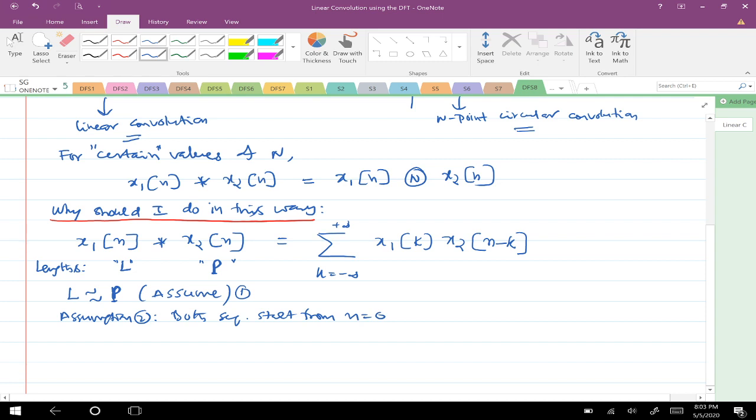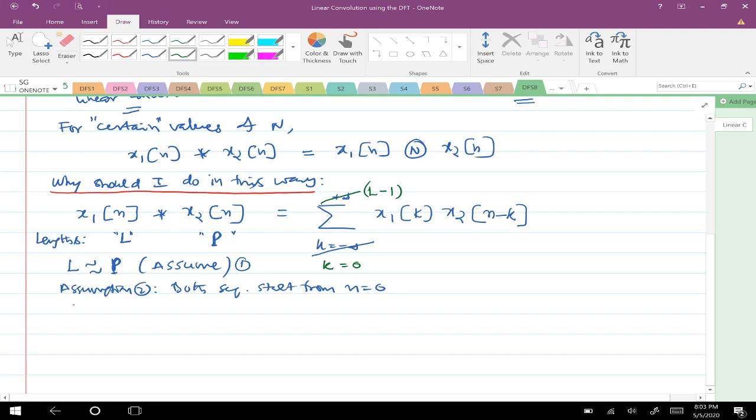Once I know the length, I just want to keep some numbers here, so that's why I'm doing it this way. So I would keep k equal to 0, and I would keep here the length, assume that length is L, so I would put L minus 1 here.